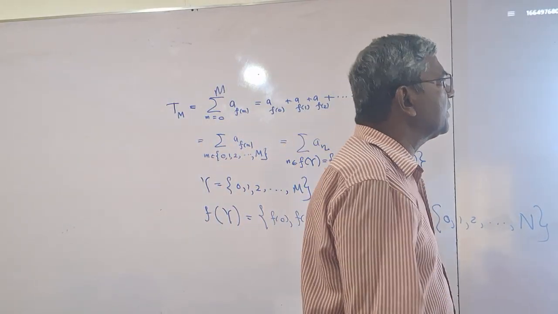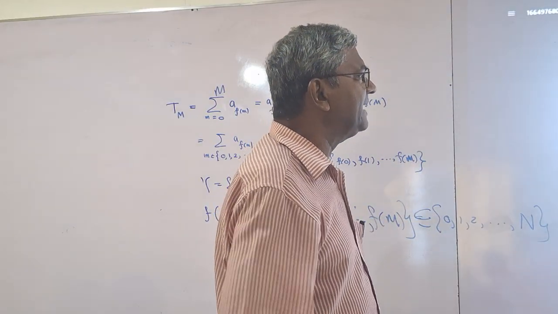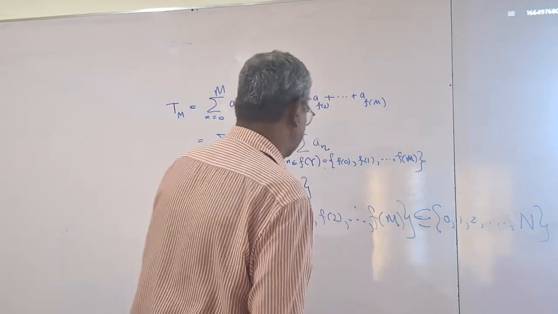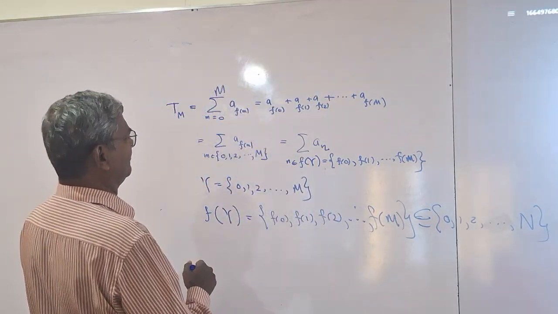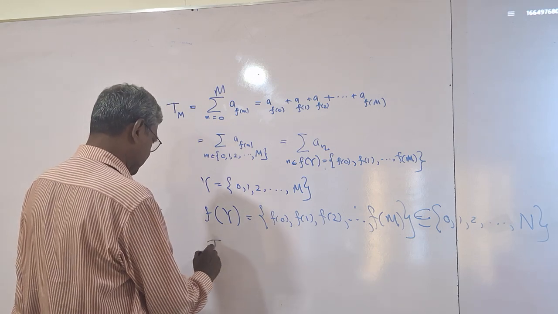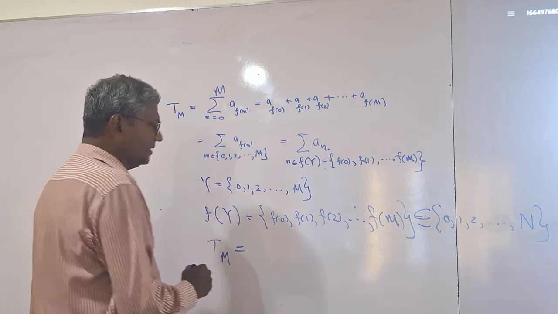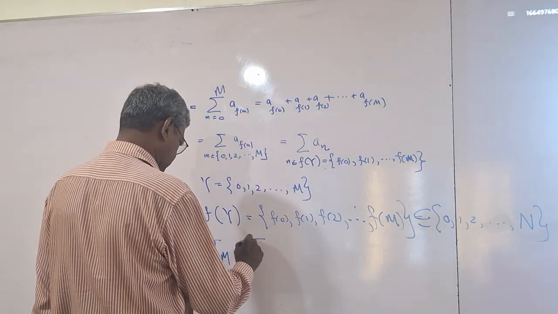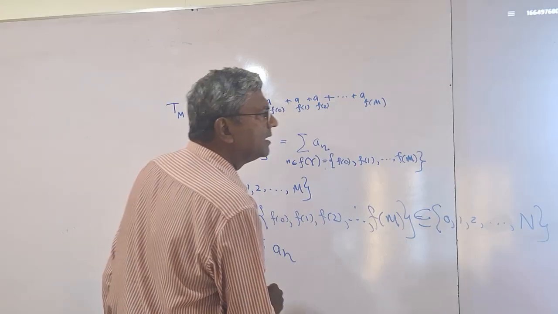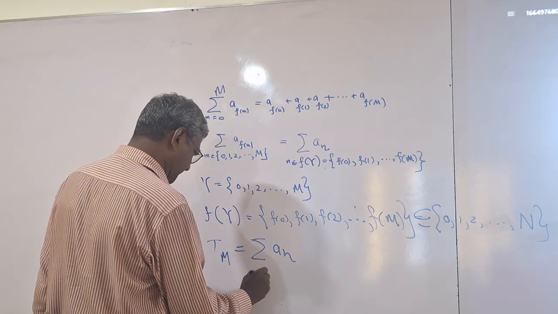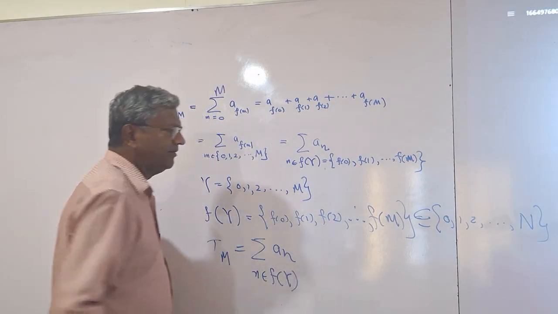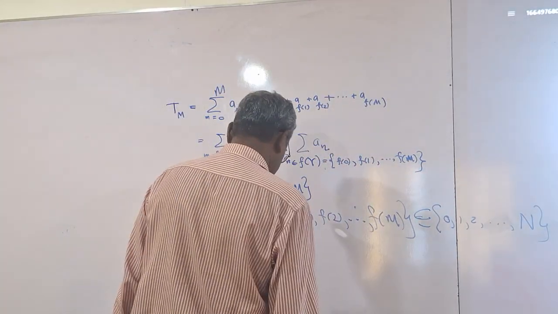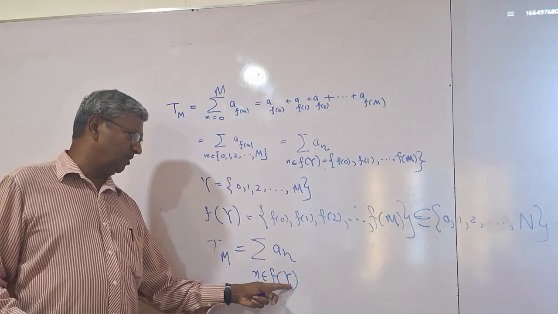And so by proposition 7.11 again, and the assumption that all the An's are non-negative, he says that Tm, let me rewrite. Tm is equal to the sum of all An, n belongs to F of y. We know that, no, that is the last thing on the previous board. Tm is the sum of An, n belongs to F of y.